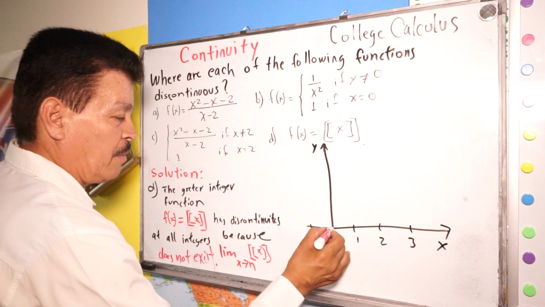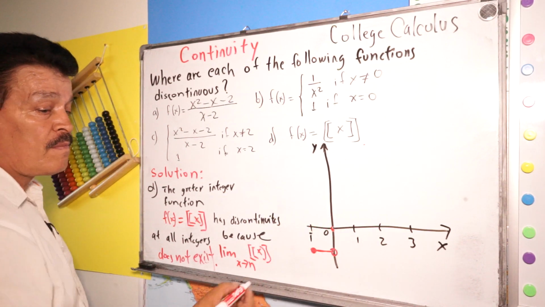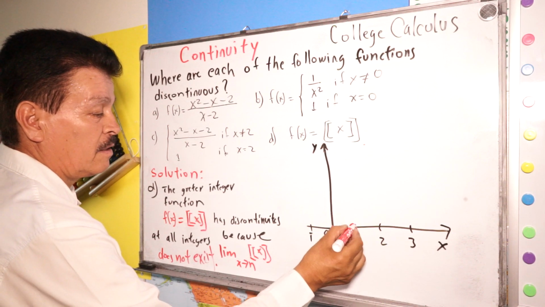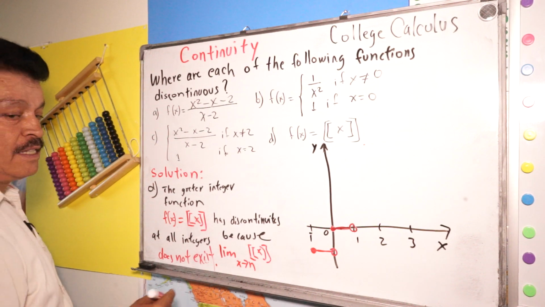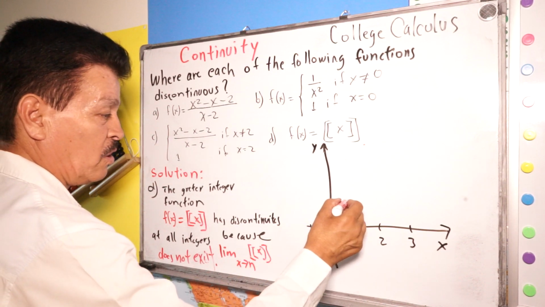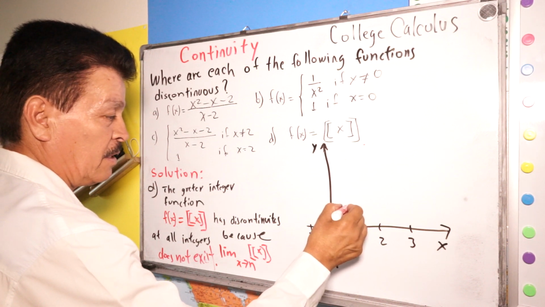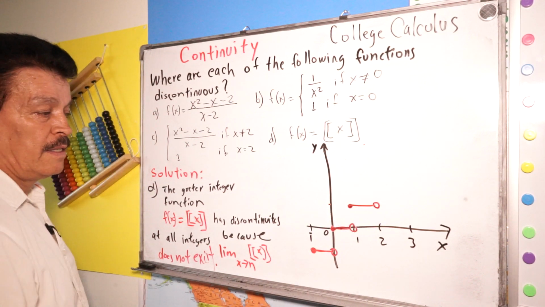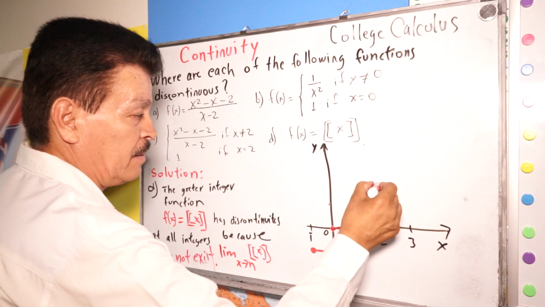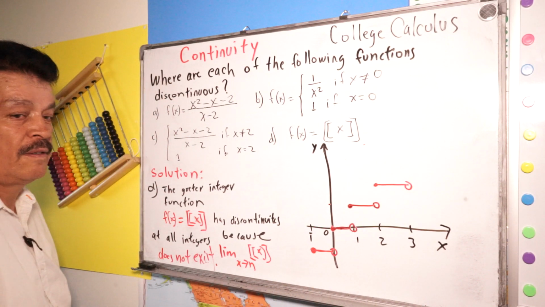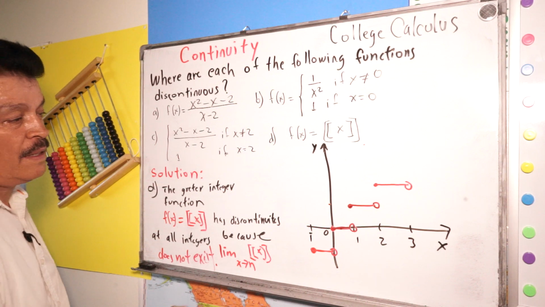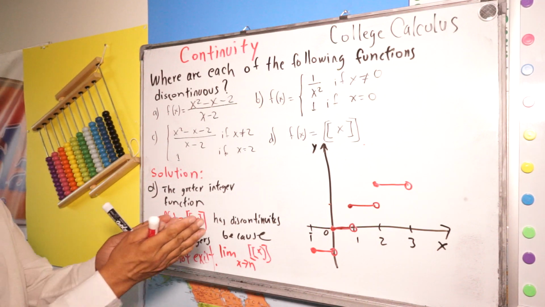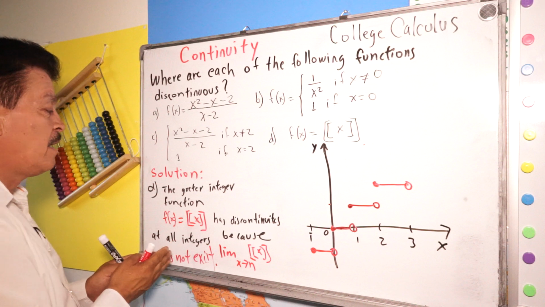The second step, the second point, we have another point here. Did you see it? And the other one right here. Another one right here. It's something like this.